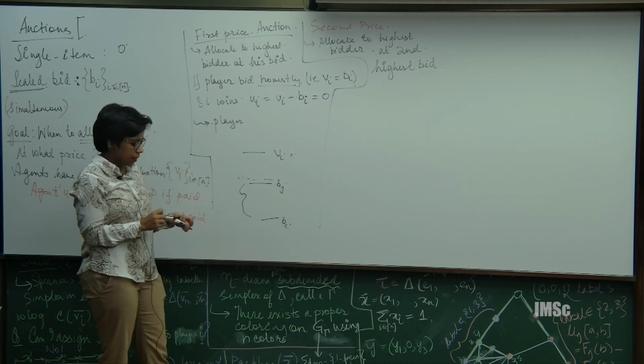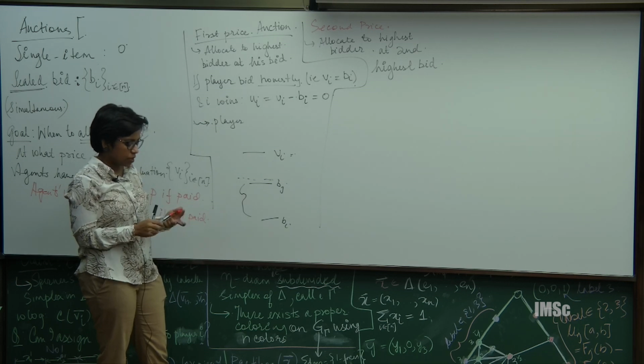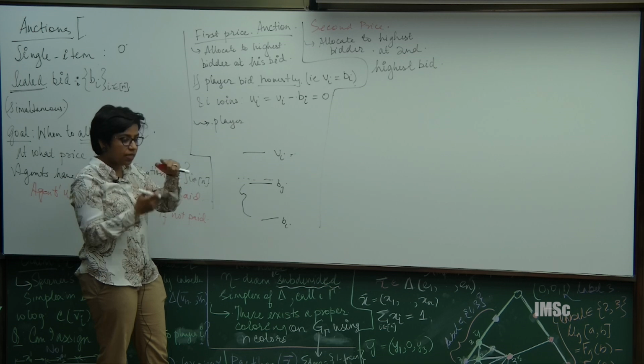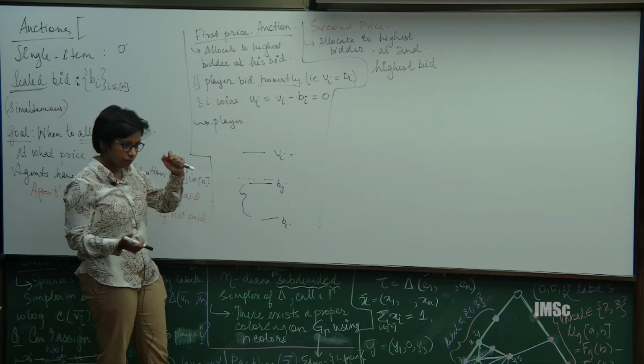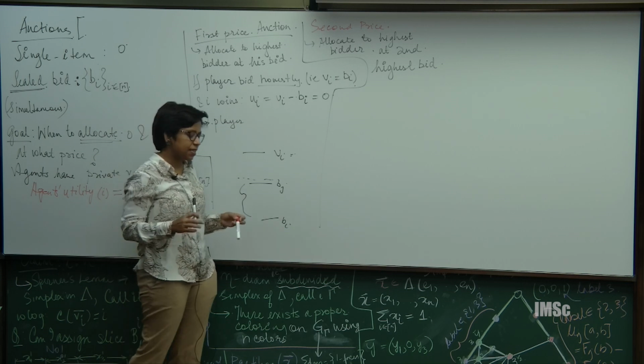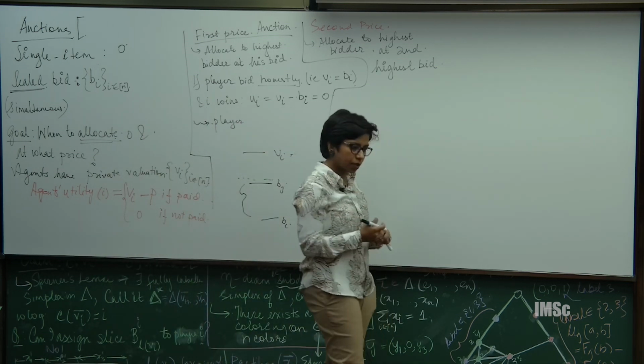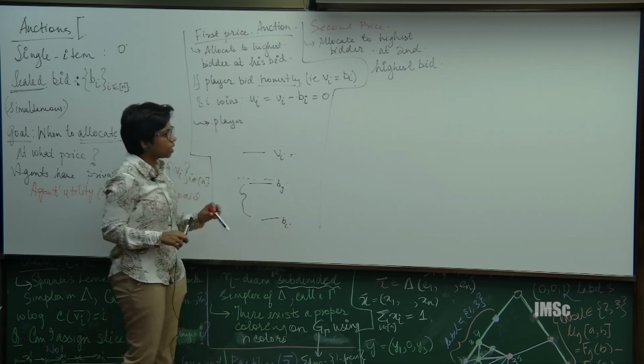This means that I am going to give the item to the person who bid the highest, but the price he will pay is not his bid, but the second highest bid. Okay. So, if there are multiple people who are bidding at the same price, there is some tie breaking mechanism and so on and so forth, okay, because there is only one item.